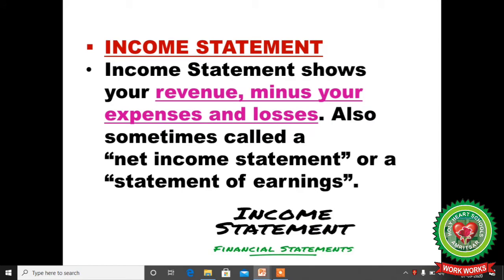As already I explained in the key terms the meaning of balance sheet, income statement. So here income statement, revenue minus your expenses and losses, is also sometimes called the net income statement or statement of earnings.